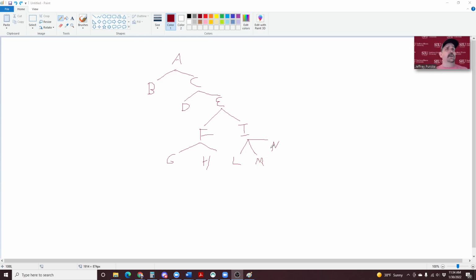And we can define our nodes in multiple different ways. We can talk about terminal nodes, and terminal nodes are the nodes really at the very base of the tree. Now, it doesn't matter how you draw your trees. If you notice, like I have B way up here and M way down here. Some of you may draw your trees where all of your terminal nodes are on the same line. That's totally fine. This doesn't matter.